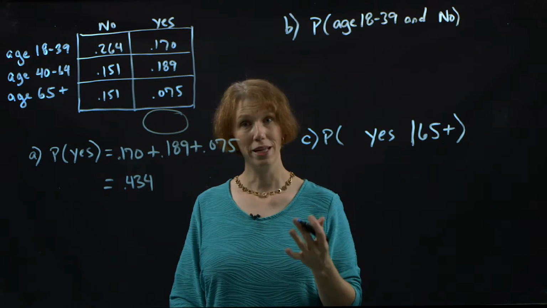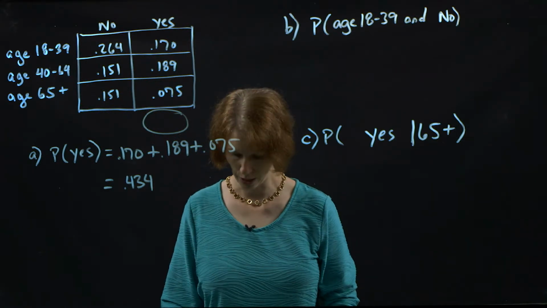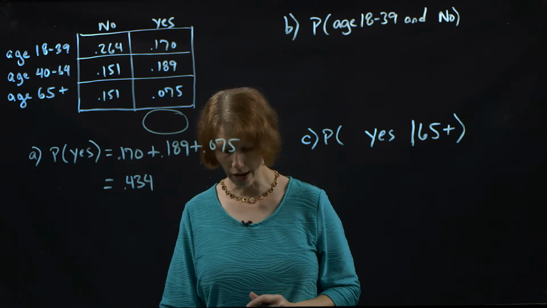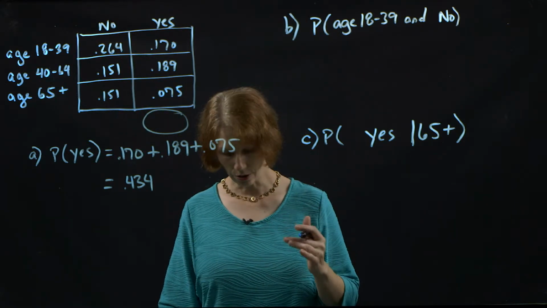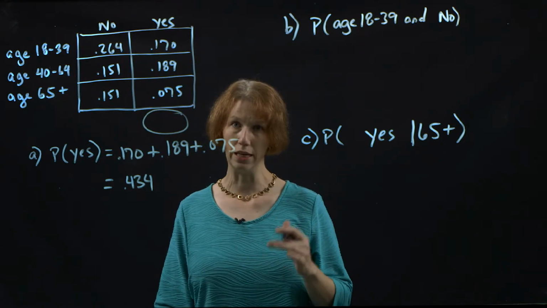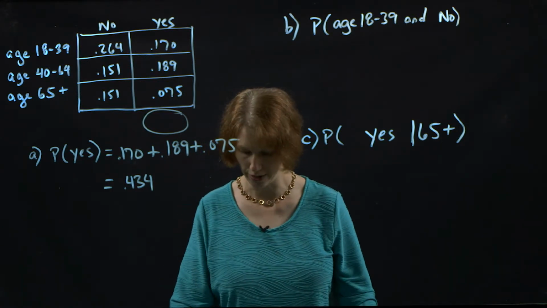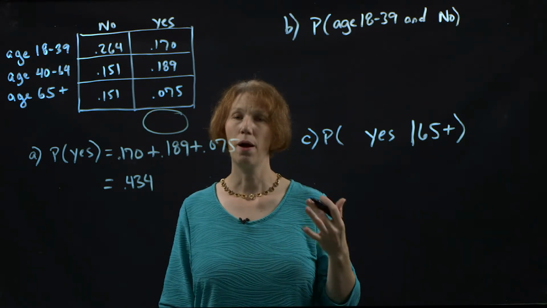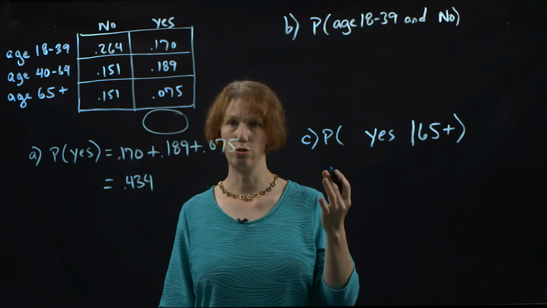All right, so let's move on to the second probability question. Specifically, what is the probability that a randomly sampled adult is under age 40 and does not believe that social media influences provider choice? In this question, we are asked for a probability that gets us an intersection.